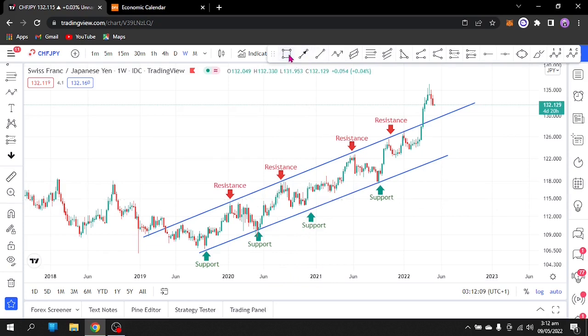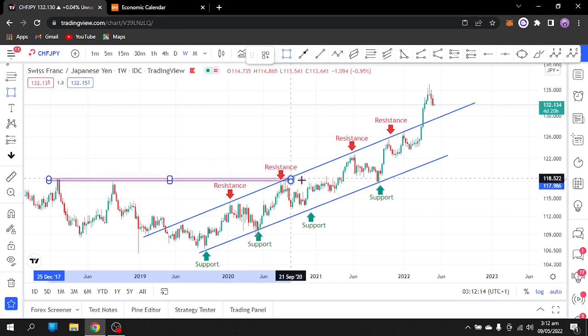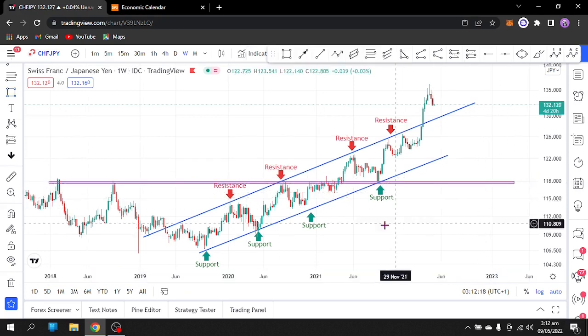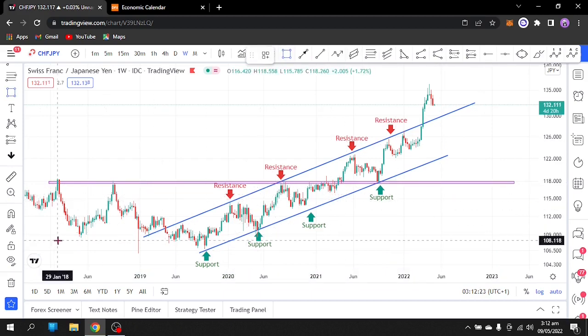I'll also look for my horizontal resistance, which is a resistance going sideways. Here I have a horizontal support and resistance, and also here.